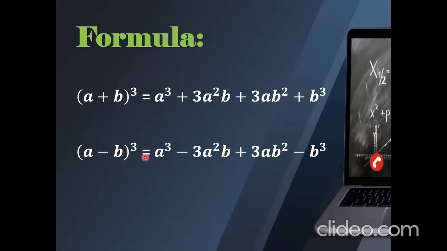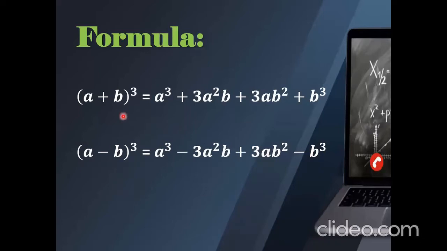It will be equal to a cube minus 3a square b plus 3ab square minus b cube. So these are the formulas that we are going to apply in exercise number 4.9.